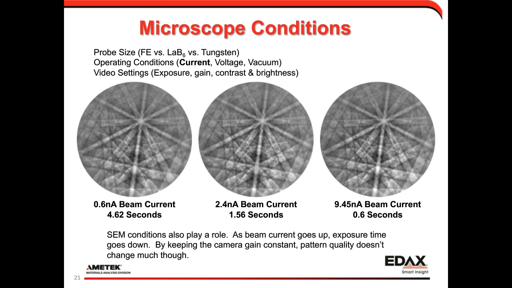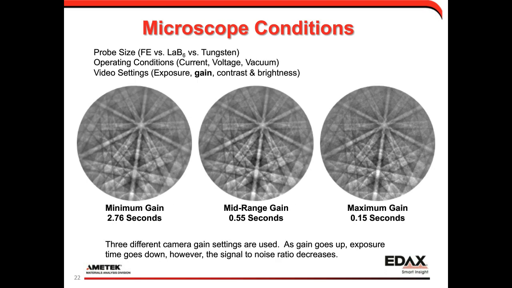So now that I have this setting, let's go back to gain real quick and see what we can do. With minimum gain, I can get 2.7 seconds all the way up to 0.15. Remember, our main goal is always to try to have that saturation index around 0.85. We can see now that we're looking at all these different factors coming in at the same time. I have my exposure time, basically how long my camera is taking a picture for.